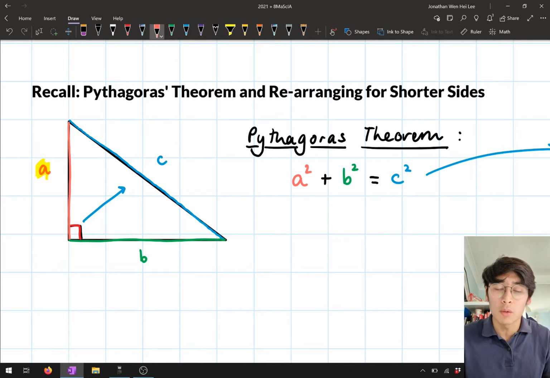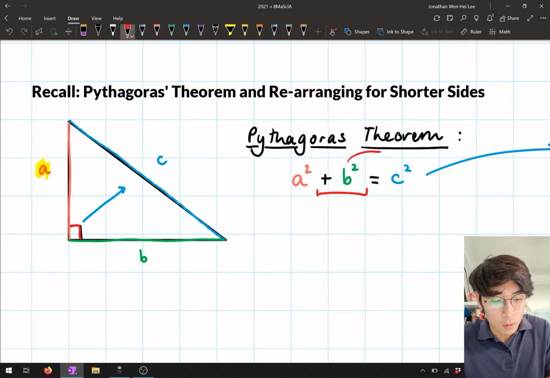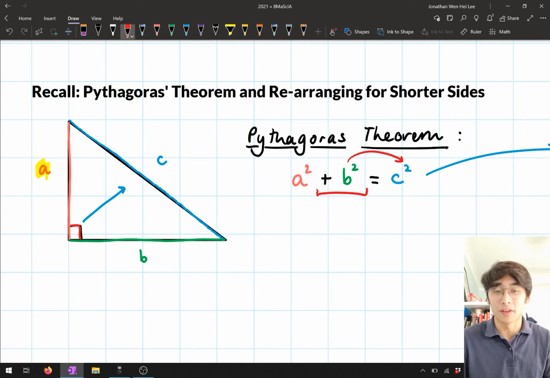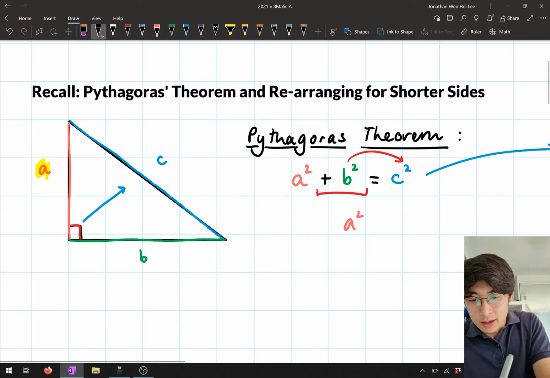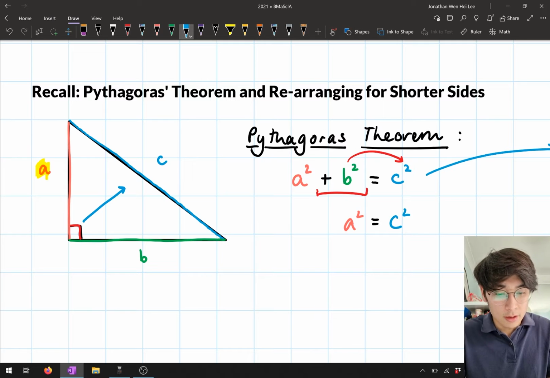What I want to do is write this formula, but make a sit by itself. So first, I'm going to move this plus b squared over to the other side of my equation. The way I do this is I subtract b squared from the other side. So I write this as a squared is equal to c squared minus b squared.